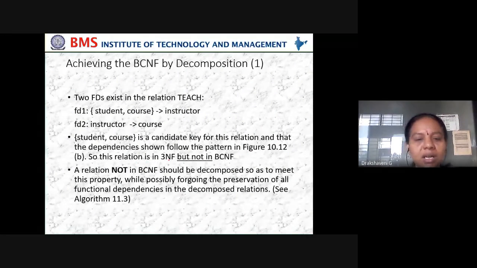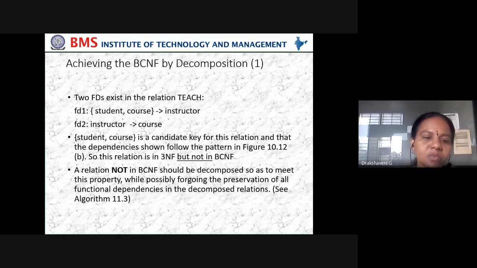So this says that it is present in 3NF but not in Boyce-Codd normal form. A relation not in BCNF should be decomposed so as to meet this property, while possibly forgoing the preservation of all functional dependencies in the decomposed relations.